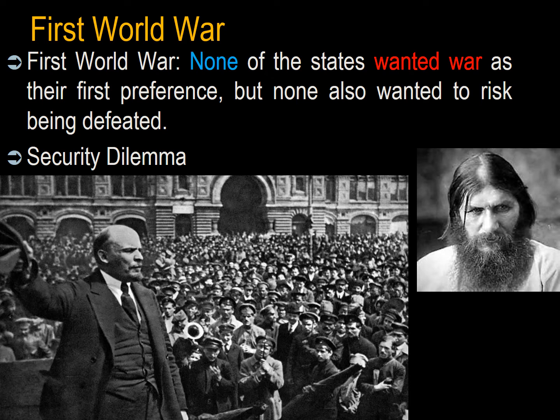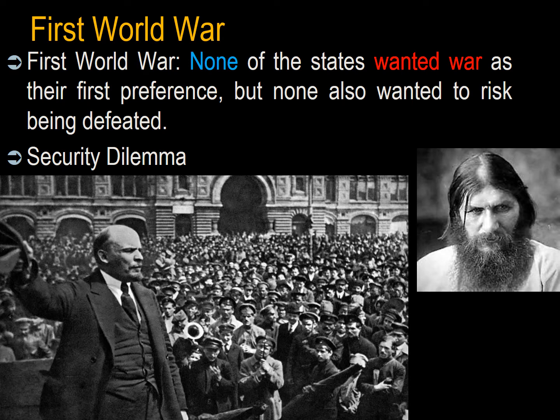The classic example of the security dilemma is the First World War. None of the states wanted war as their first preference. But on the other hand, none of the states wanted to be isolated and risk thereby being defeated.